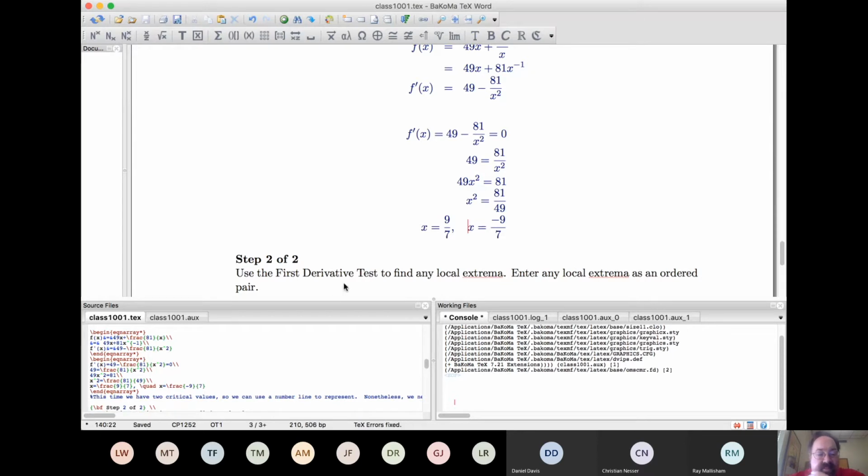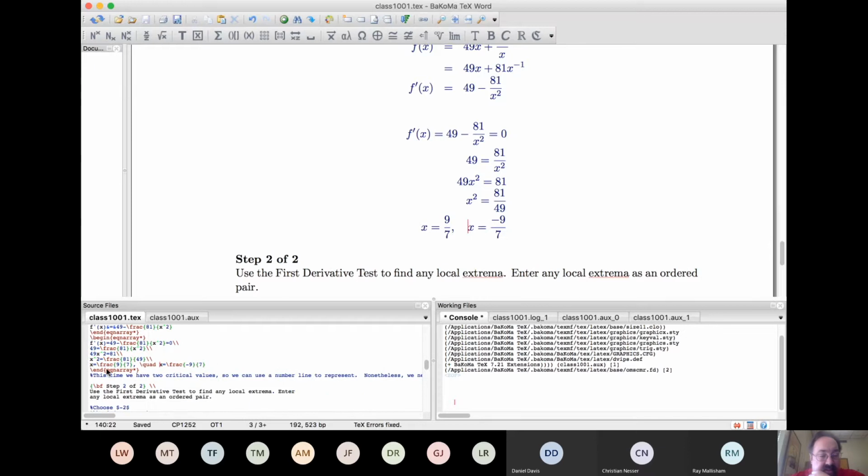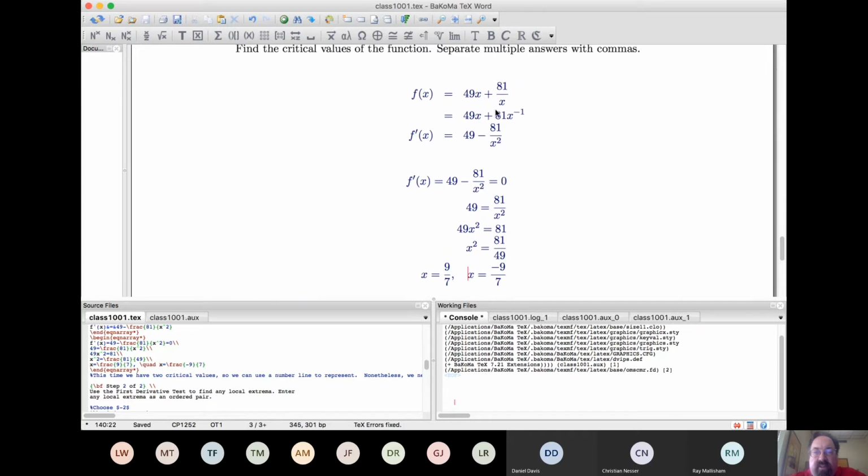Now, one thing I want to point out is I mentioned earlier that a critical value is a point where the derivative is equal to 0 or undefined. This derivative is undefined at x equals 0 because we'd be dividing by 0. However, I'm not including it as a critical value, and the reason why is f of x itself is also undefined at that point.